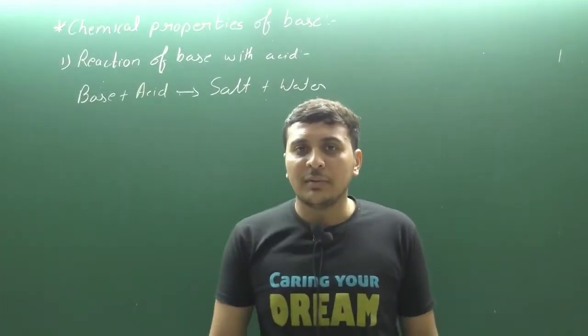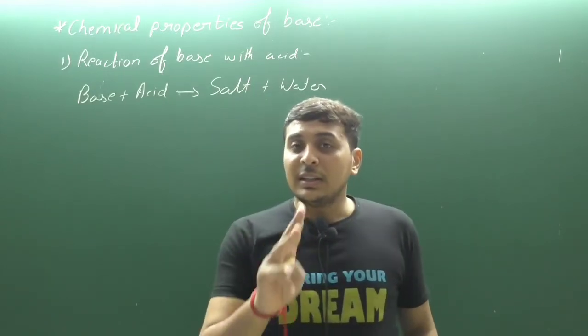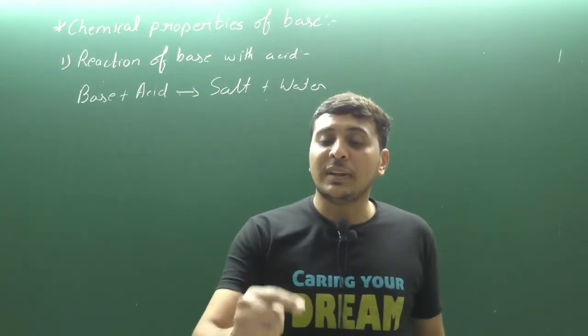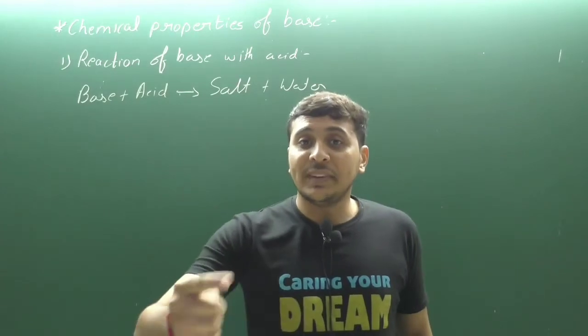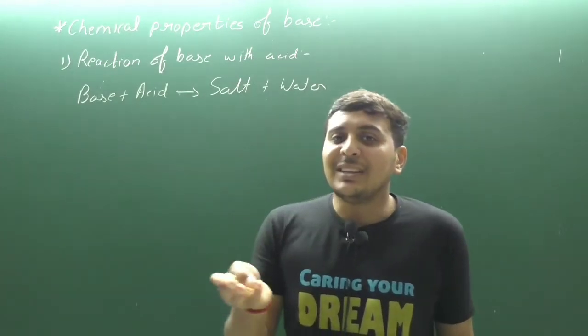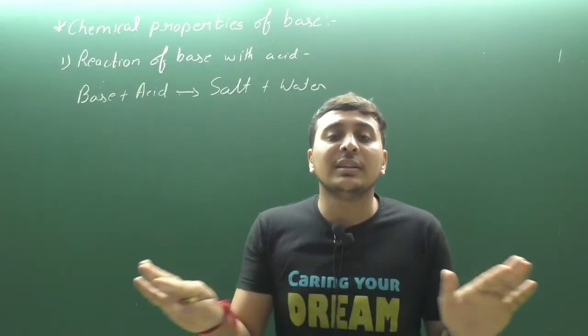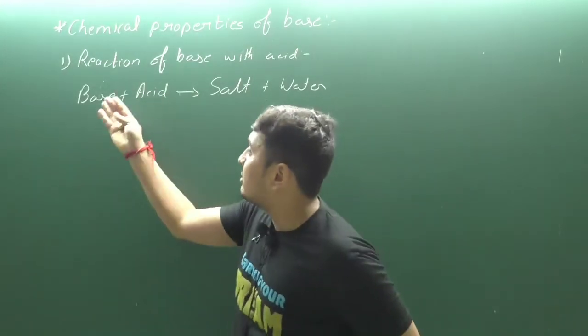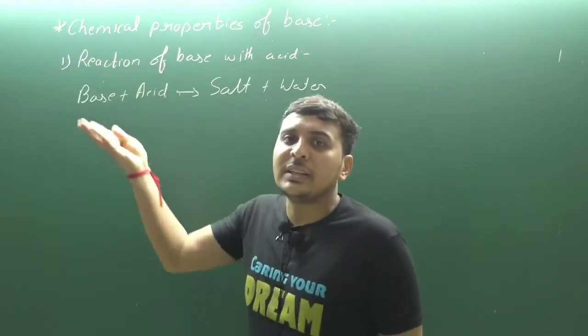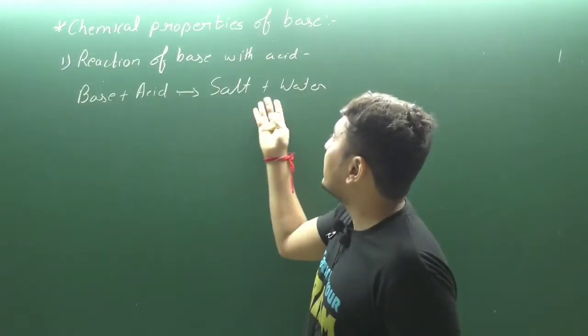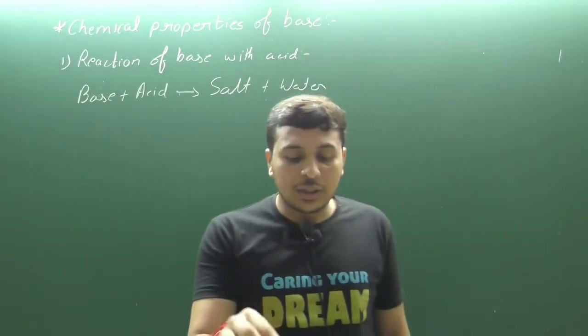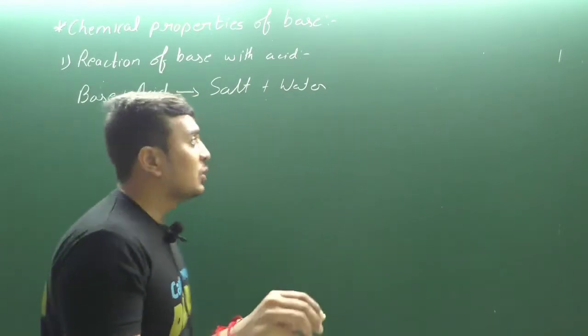Just look it up. The third property of acid was reaction of acid with base. So, either acid is added into the base or base is added into the acid, the reaction does not change. When acid reacts with base or base reacts with acid, it is one and the same thing. It will always form salt and water.